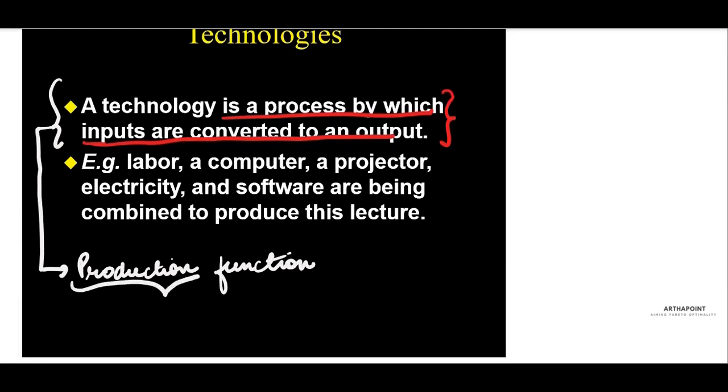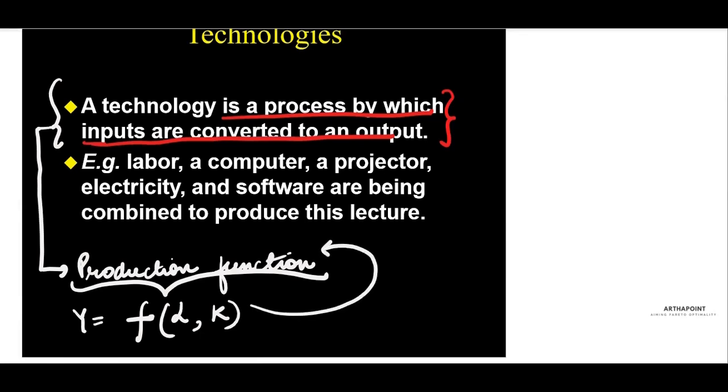The functional relationship between inputs and outputs is called production function. So I understand I'm going to use labor, I'm going to use capital, but how am I going to use this labor and capital? That function that says output is a function of labor and capital becomes my production function.